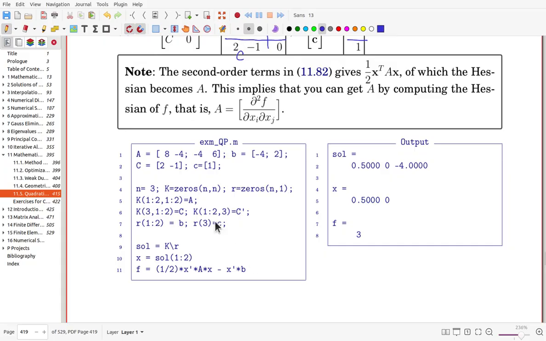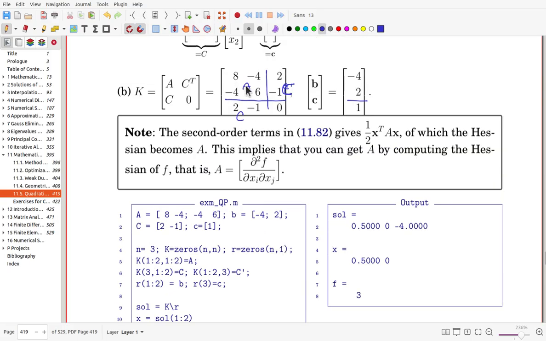Now for the problem, we have A and C, and on the right side B and little c. Okay, for a 3×3 matrix. Now the first portion is A, this portion is C, and this portion is C transpose.